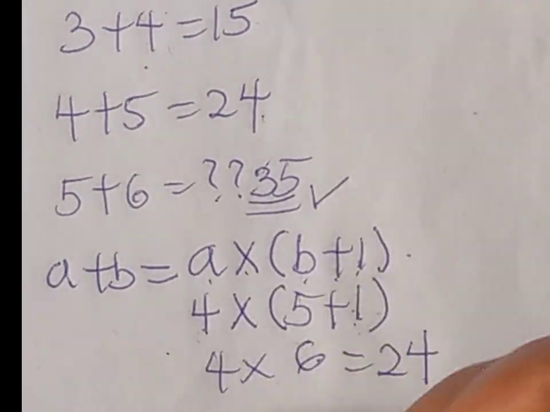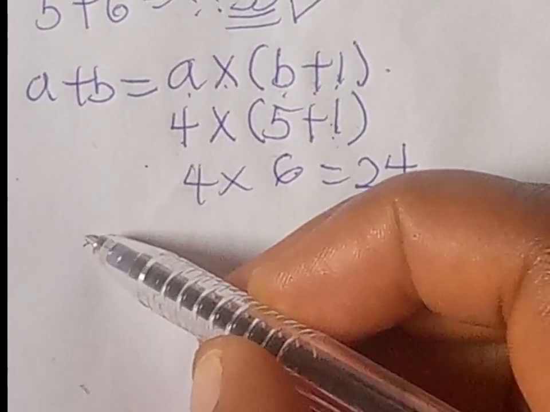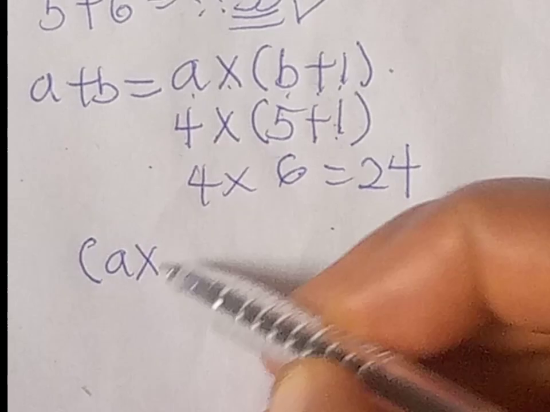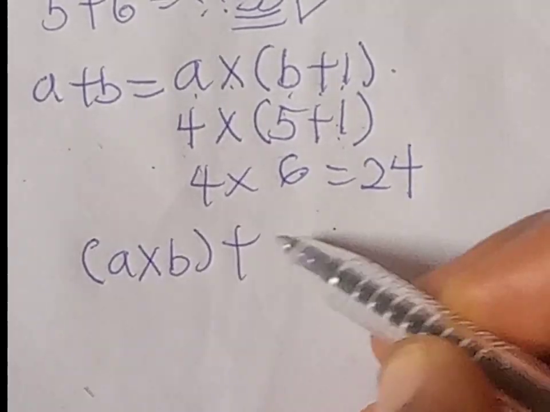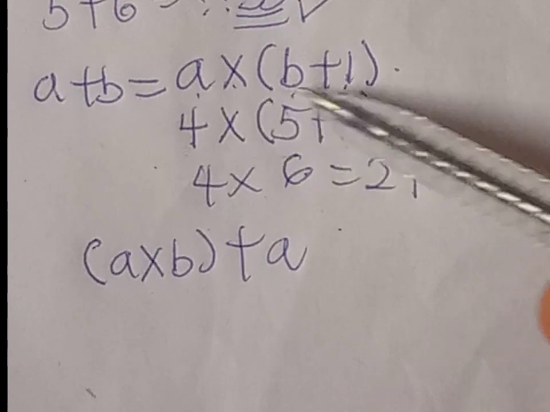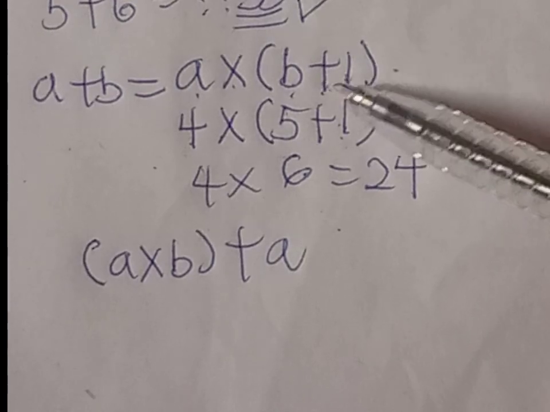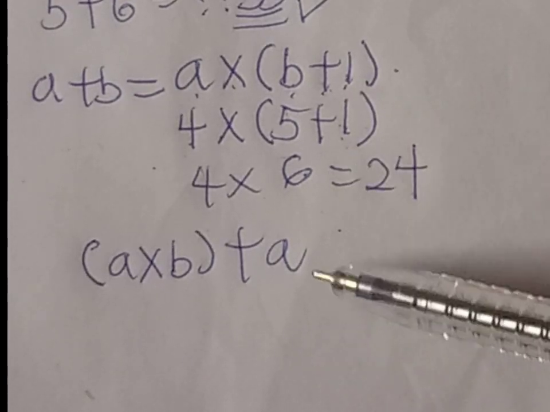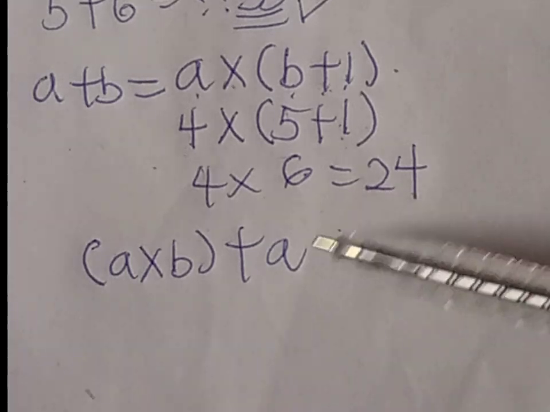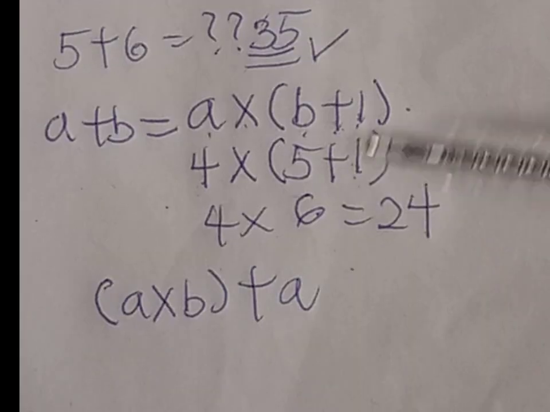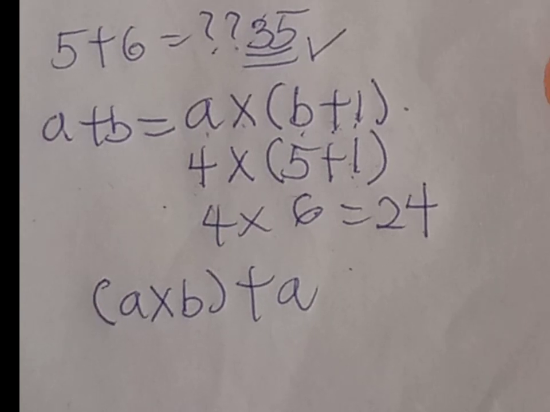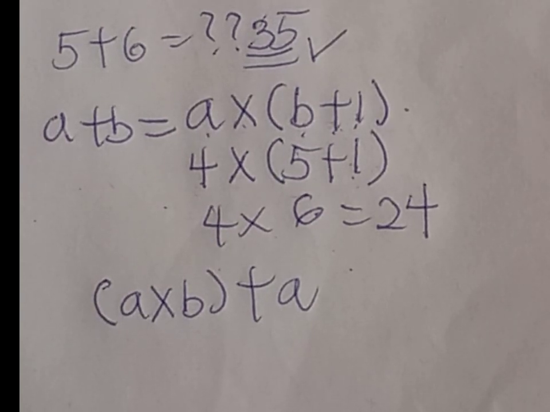Can you see that we can use the first rule which says what? A multiplied by B plus A, or the second rule which says what? A multiplied by open bracket B plus 1. You can use either of the rules to solve this puzzle. I want us to know that pattern puzzles are not standard mathematics.